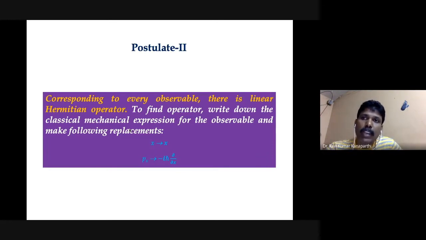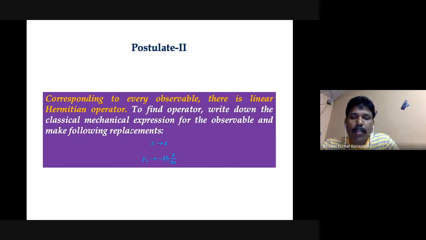Whenever you see a py, replace it with minus i h cross dou by dou y. If it is z, then it will be minus i h cross dou by dou z. That's all. I have written this for simple one dimension, but it can be extrapolated to any dimension that we may think of.